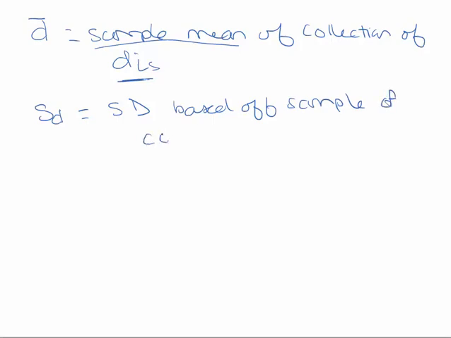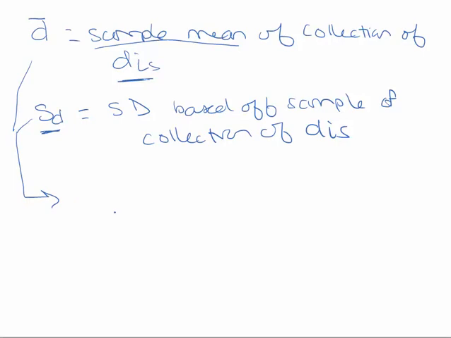Of the collection of di's, the standard deviation also is based off of the difference. So using these two values, we can then compute the test statistic T naught, which again uses the student's t-distribution.